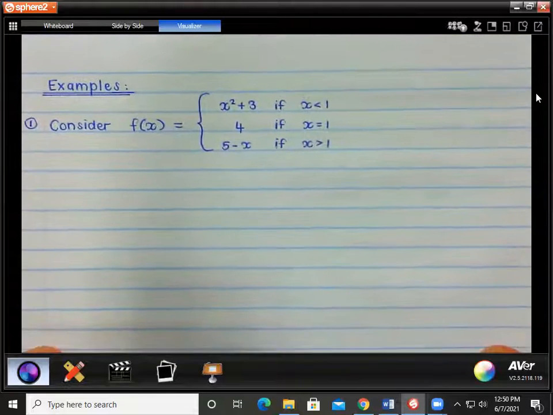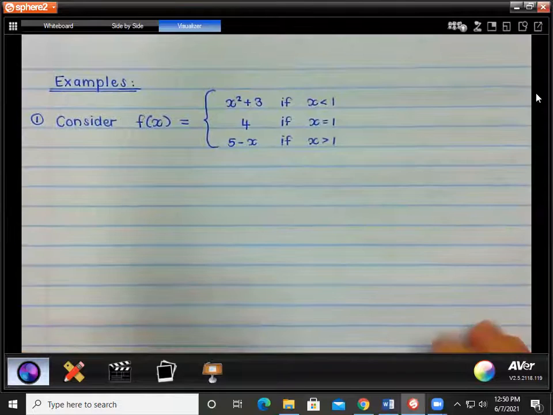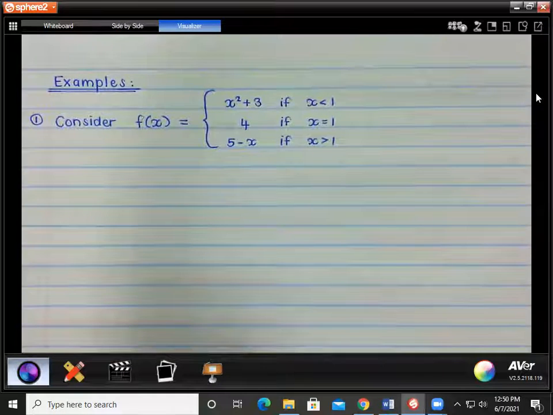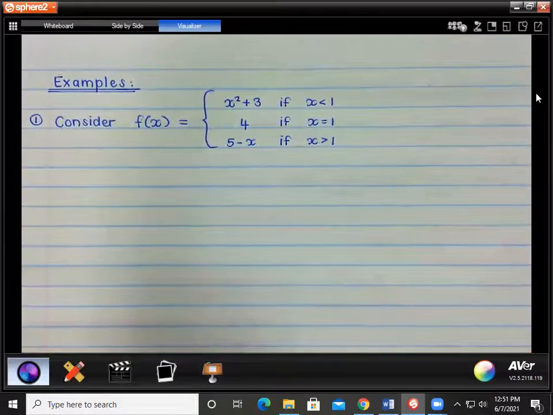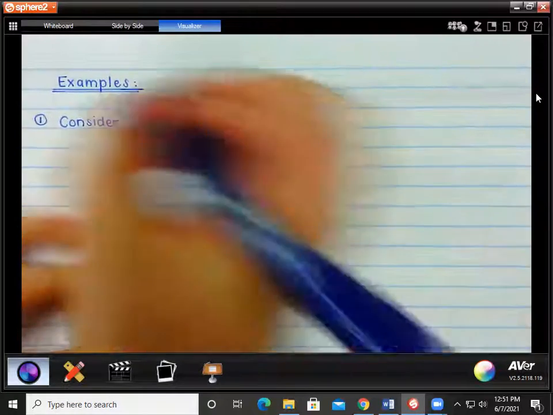And guys, you must also be able to draw this, right? We're not going to do it now, but the first part would be a parabola, second part, a dot at y equals 4. Third part would be a straight line, and it would go towards 1 and then 1, yeah. All right, A.